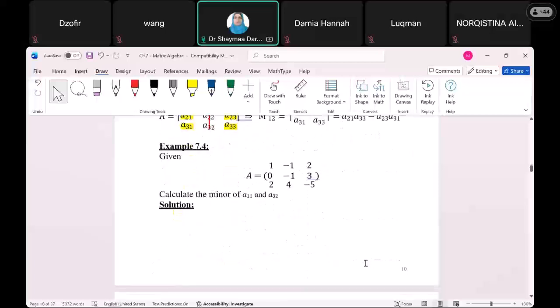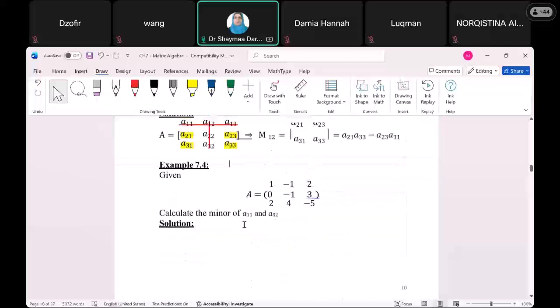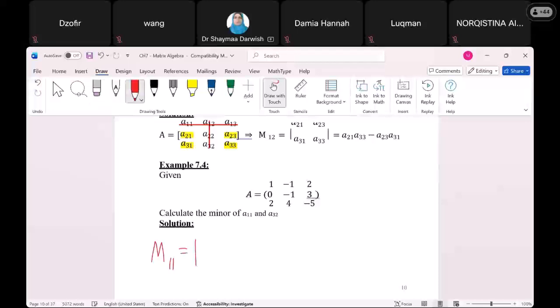For example, here, for this matrix I need to find the minor of A11 and A13. To find the minor for A11, I need to cancel the first row and the first column.